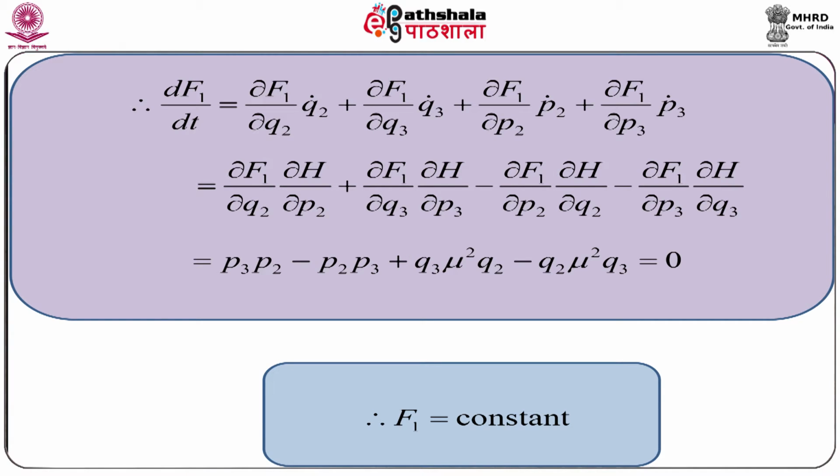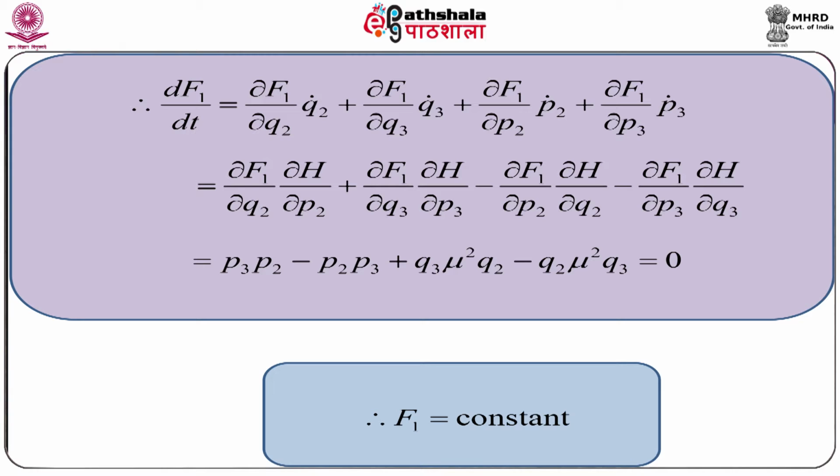We have to prove that F1 is a constant of motion, that is, dF1/dt equal to 0. Now, dF1/dt equal to ∂F1/∂Q2 into Q2 dot plus ∂F1/∂Q3 into Q3 dot plus ∂F1/∂P2 into P2 dot plus ∂F1/∂P3 into P3 dot.